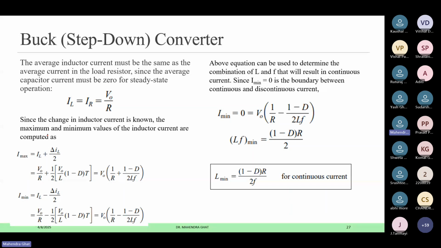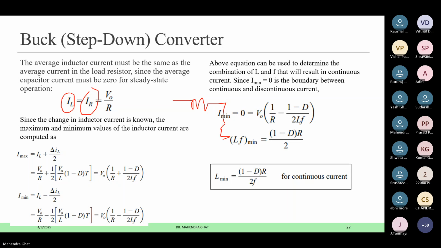Some other equations you can derive. For our buck converter, the average inductor current IL will be equal to IR, because the same current flows through the inductor and the load.